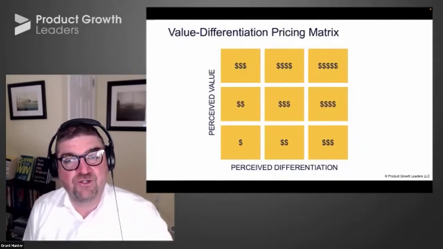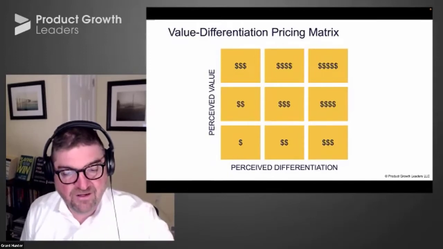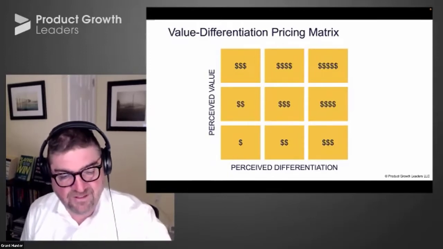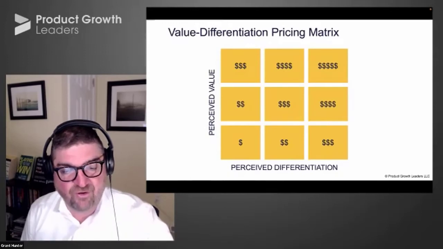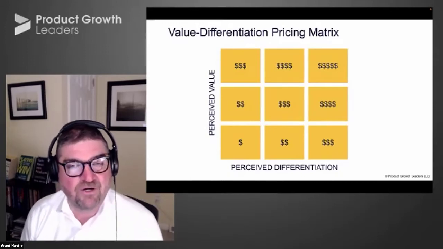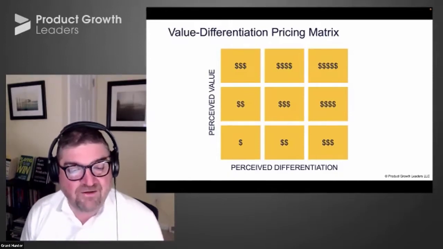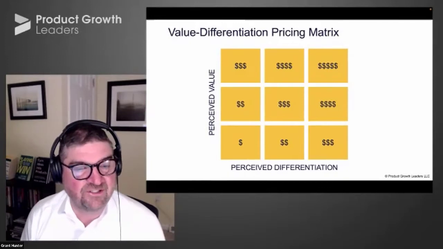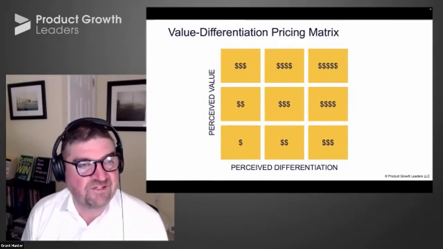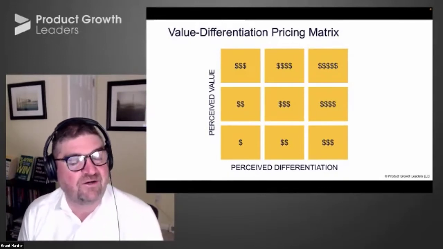And the more value and differentiation they perceive, the higher your price can be. So this gives us a whole area to think about. Where do they perceive the value? Where do they perceive a differentiation? And with that in mind, it doesn't matter what it costs us to do this, right? Or what other business issues we may have. Those are irrelevant to the buyer, right?